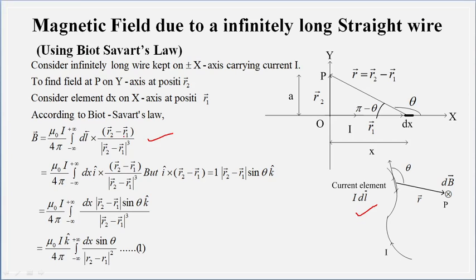Vector r1 is the position vector of the element, and vector r2 is the position vector of the point where you are calculating the magnetic field. We stated this formula yesterday. This is the magnetic field due to the full wire, in vector form.